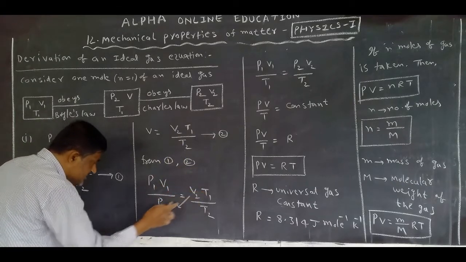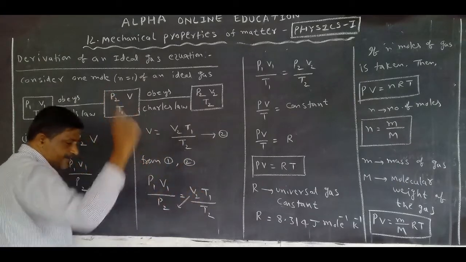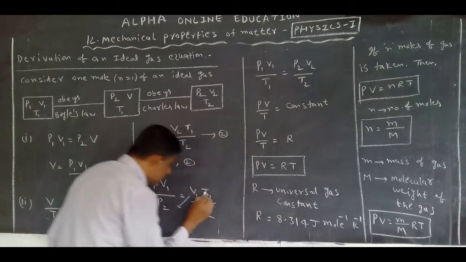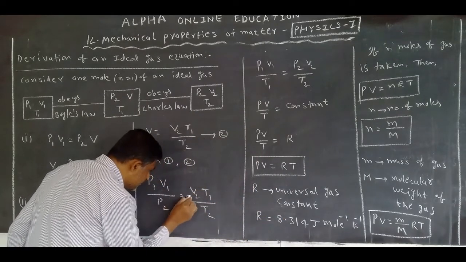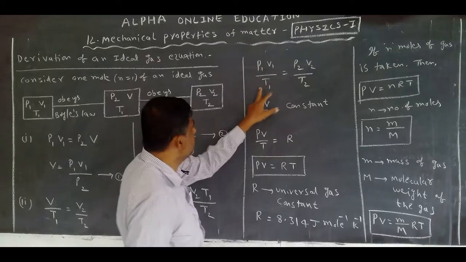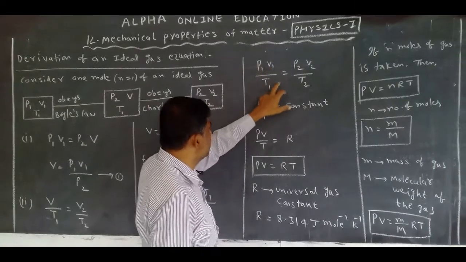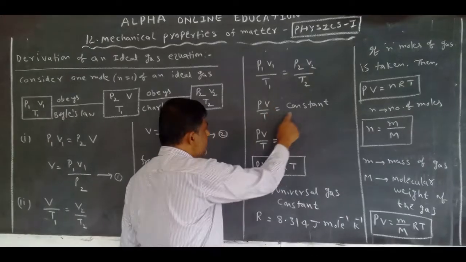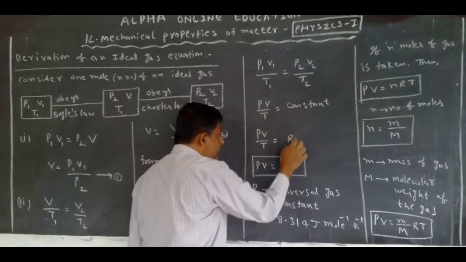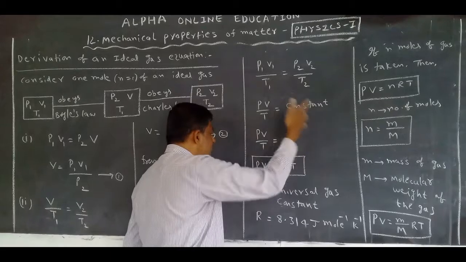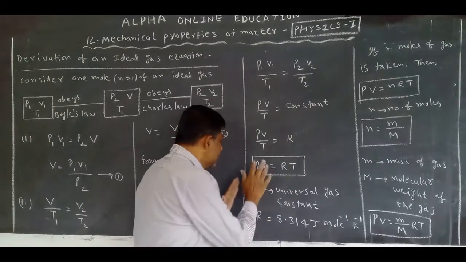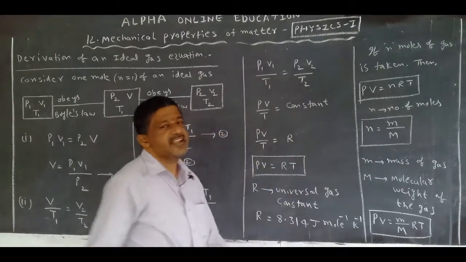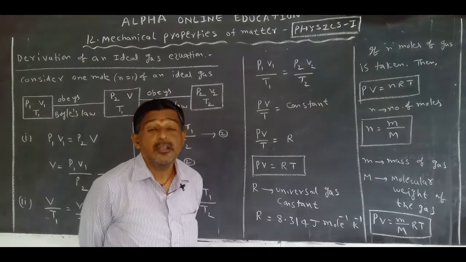So P1 V1 by T1 is equal to P2 V2 by T2. So we can write PV by T is equal to constant. This constant is taken as R. Now cross multiplication: PV is equal to RT. This is the ideal gas equation for 1 mole of the gas.